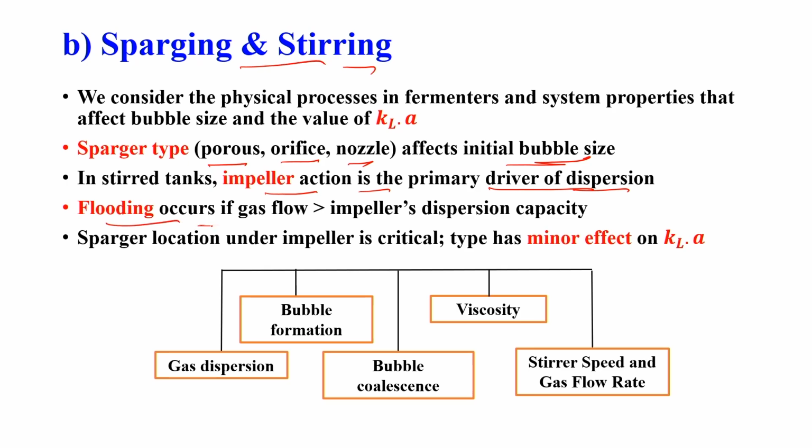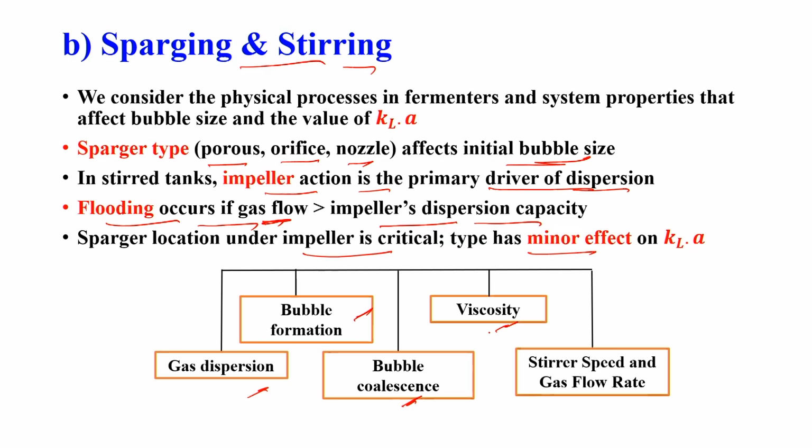One important thing to understand is that if the gas flow rate is higher than the impeller dispersion capacity, we say there is gas flooding, meaning gas will go out of the bioreactor without getting dispersed inside the media. Further, the sparger location is critical, because there should not be a dead zone or dead pocket in the bioreactor. So there is bubble formation, gas dispersion, and in addition bubble coalescence.